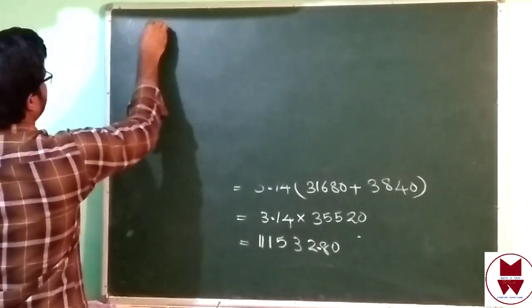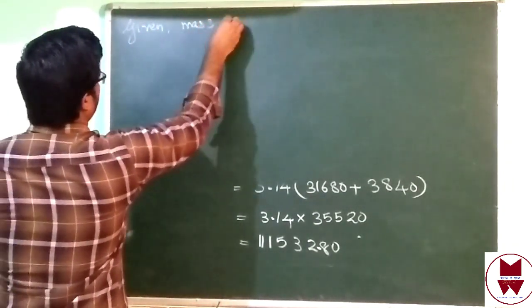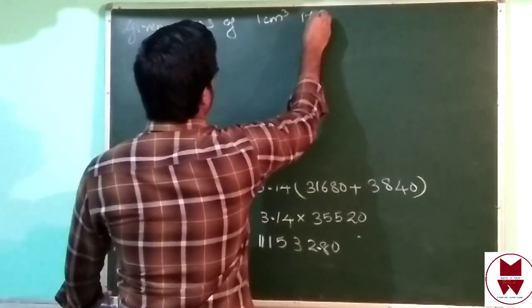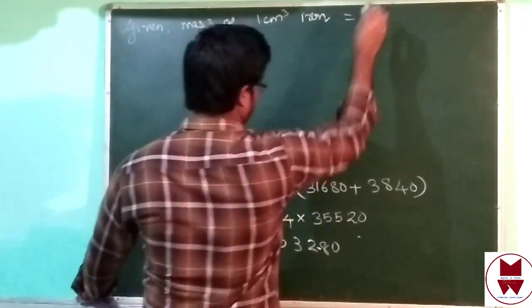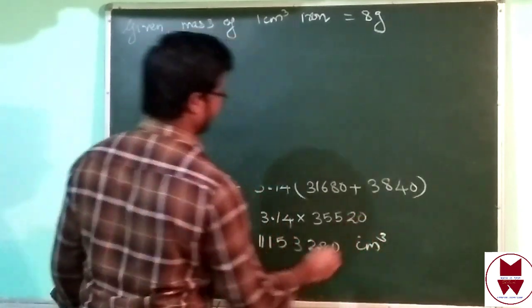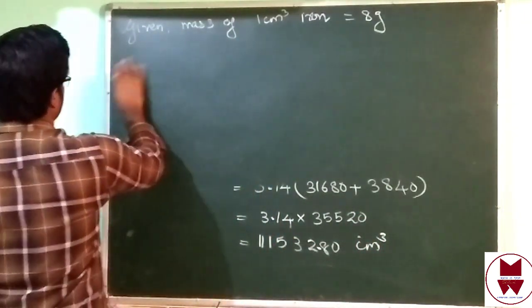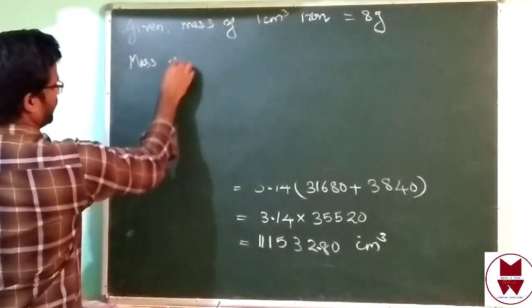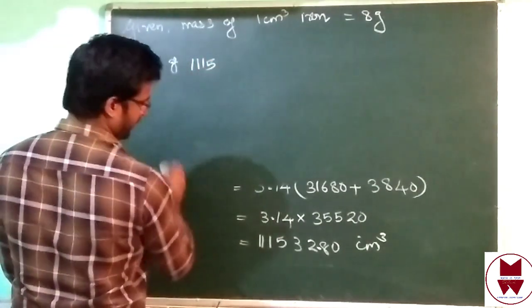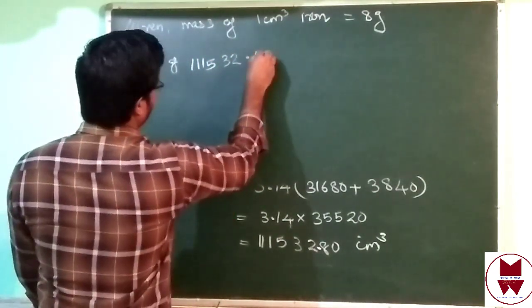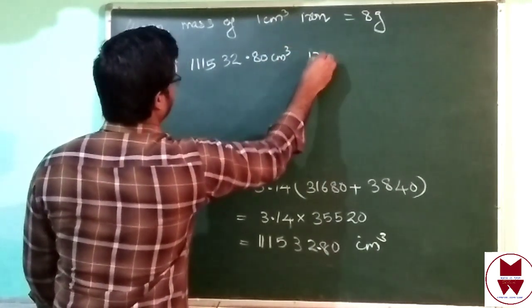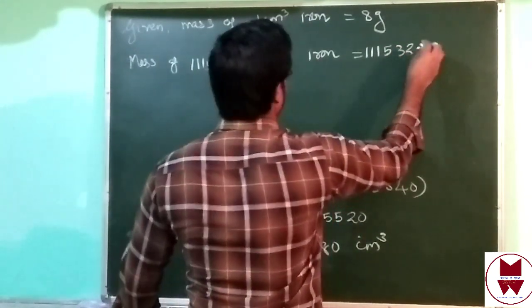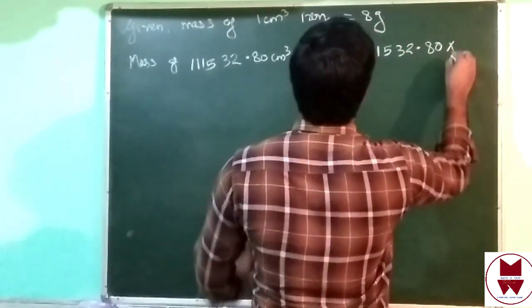Given the mass of 1 centimeter cube of iron, that is 8 grams. The unit is centimeter cube. Then again write the total mass: mass of 111532.80 centimeter cube iron equal to 111532.80 into this 8.